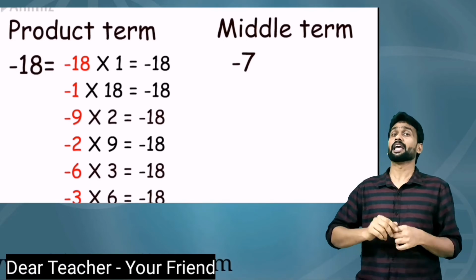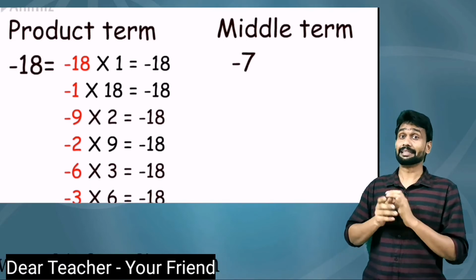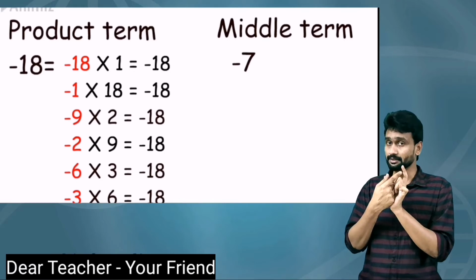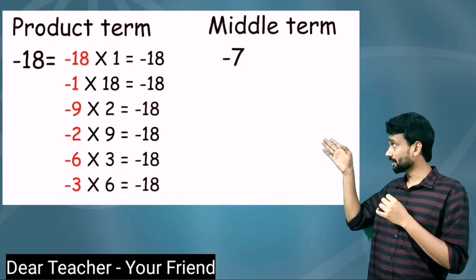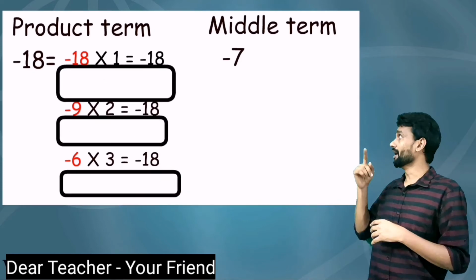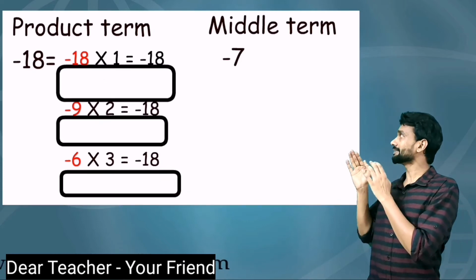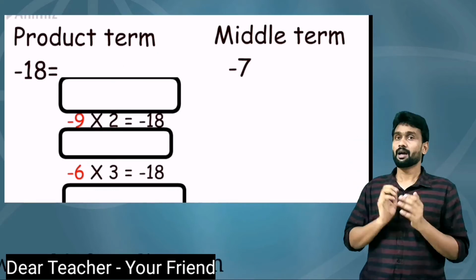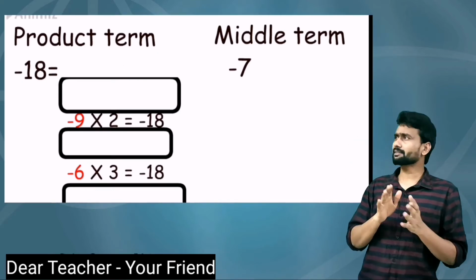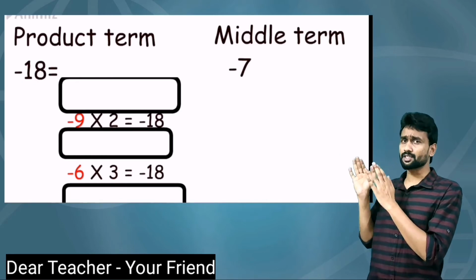Already we discussed, if the middle term is negative, then in the pair of factors, the larger value will be negative. So we can cancel the ones where the larger value is positive. Now we have the remaining ones. Minus 18 and 1: is there any chance to get 7? No, so we can neglect that. Next, minus 6 and 3: is there any chance to get 7?